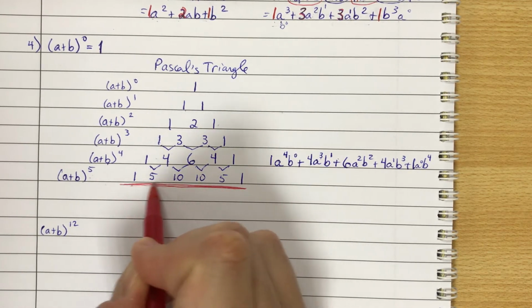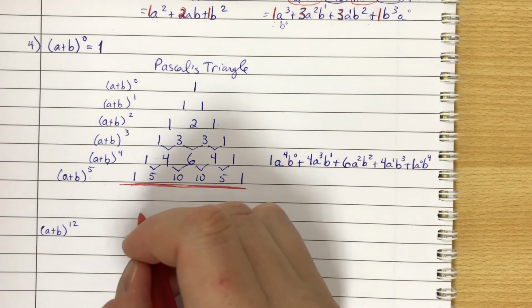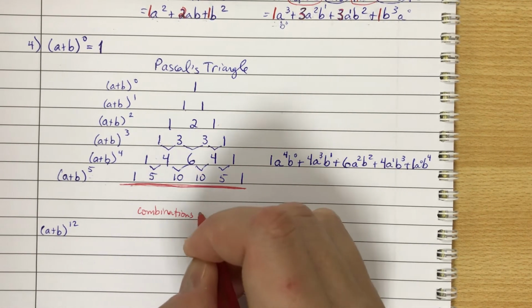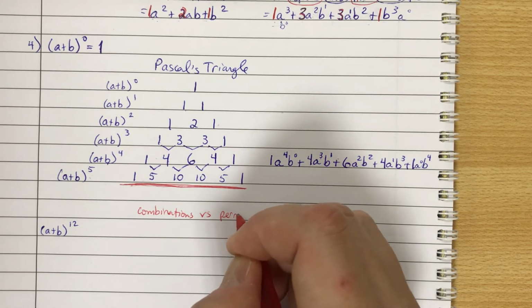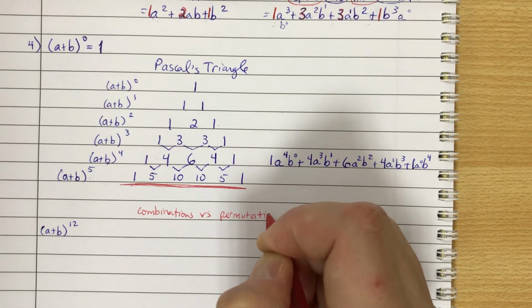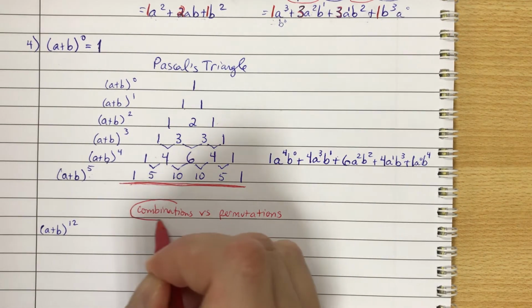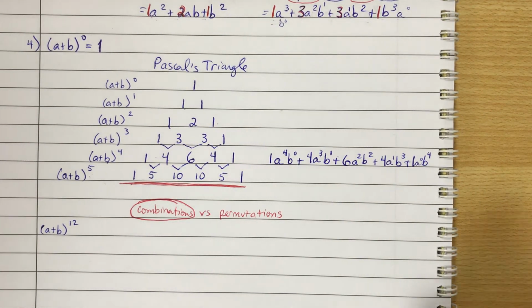If you think back to the idea of combinations and permutations. Now I have a different set of notes that actually addresses what these are and how to calculate them. For us, we are going to be using combinations.